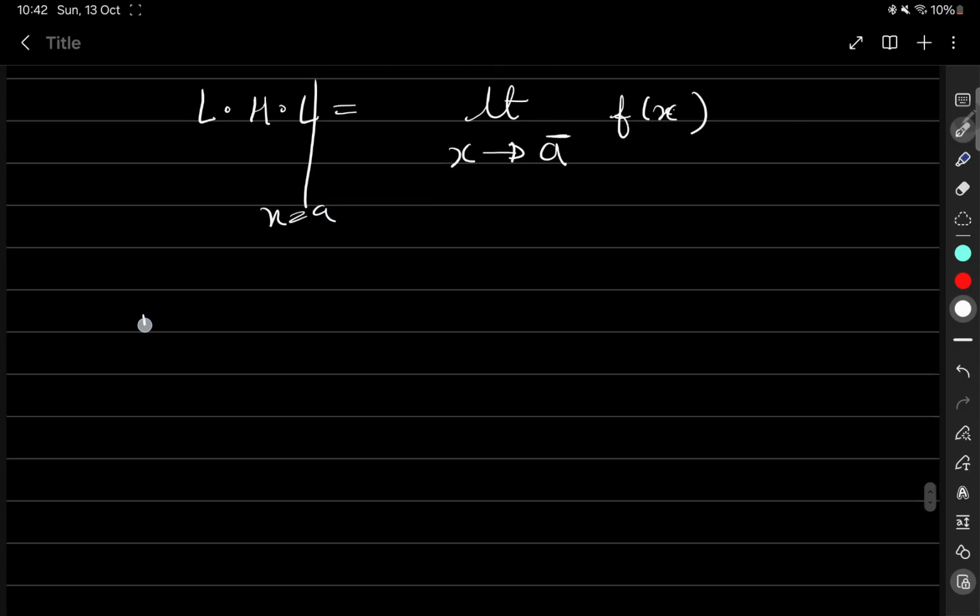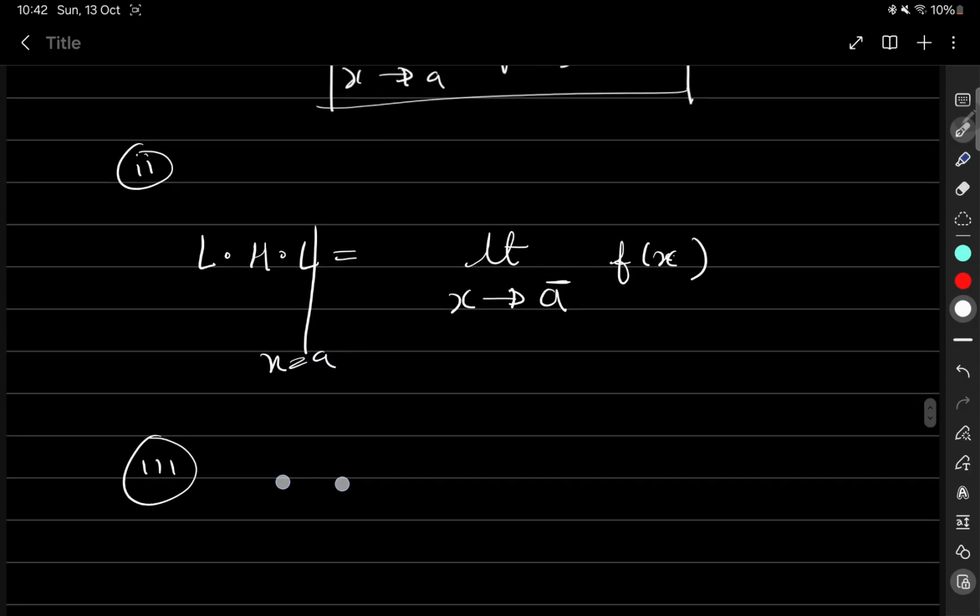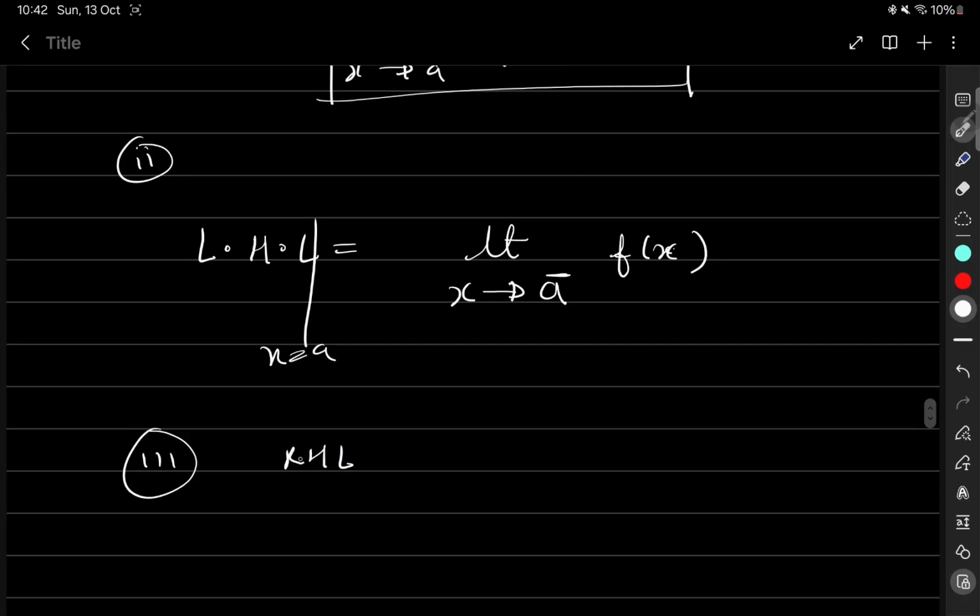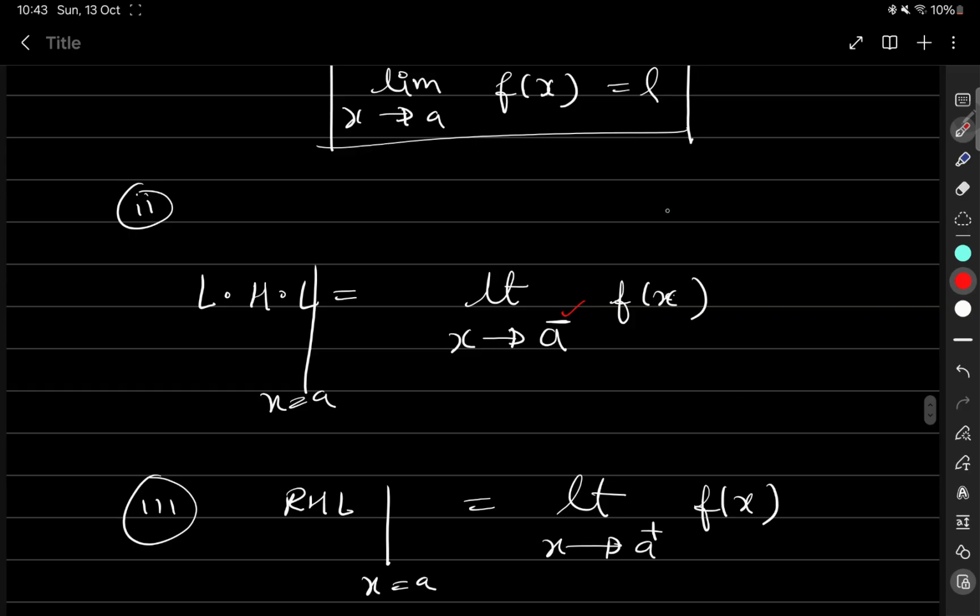Got it? And what is the representation for RHL? For RHL at x equal to a, it is limit x tending towards a, positive, function of x. By the way, this is not an inverse sign and this is not a positive sign. They are just a representation in mathematics.